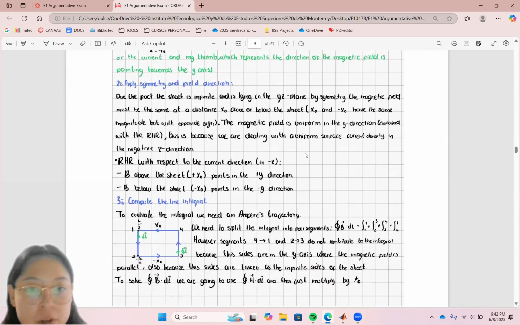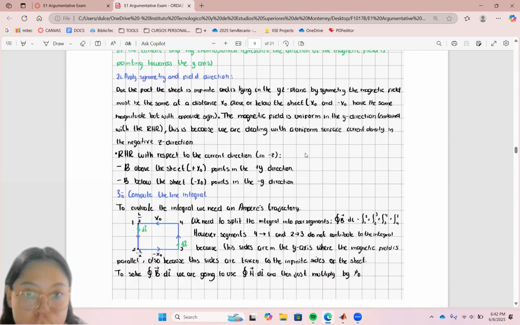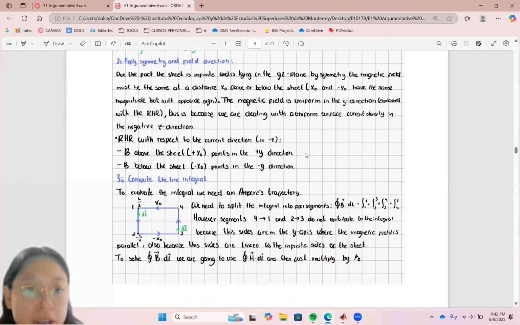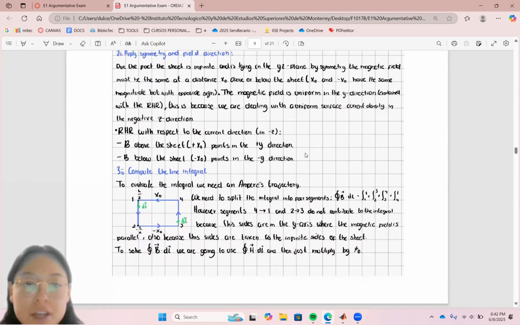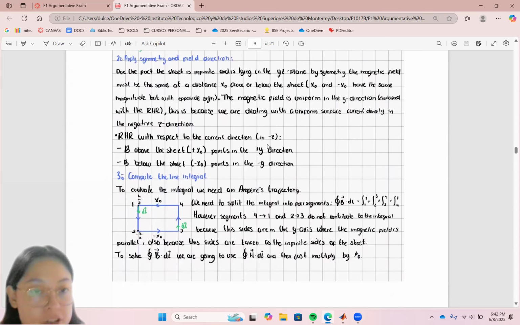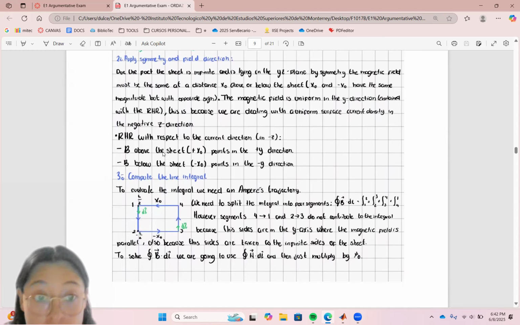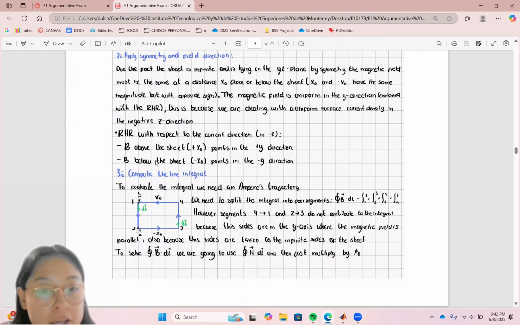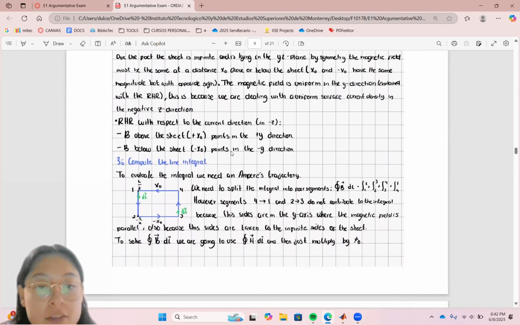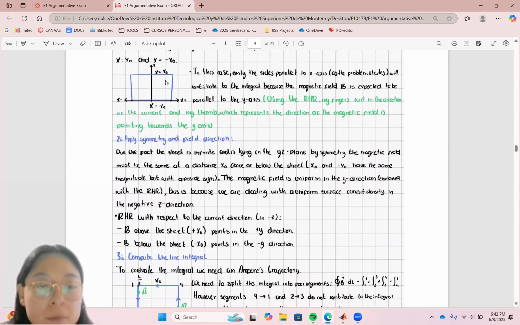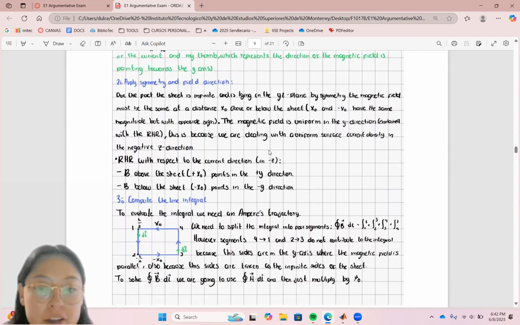And this is because we're dealing with a uniform surface current density in the negative z direction. So using the right hand rule, the magnetic field above the sheet is pointing in the positive y direction, and the magnetic field below the sheet is pointing in the negative y direction. This uses the parallel segments that the problem is asking for.